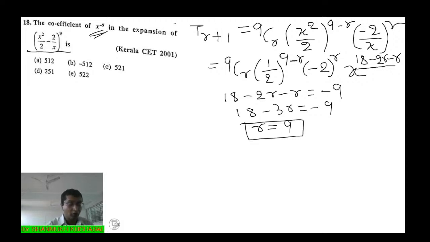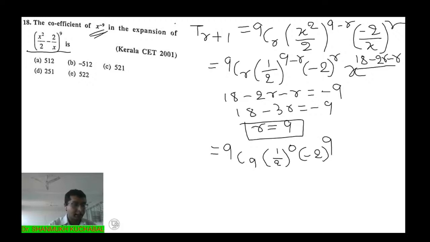Then we have to find the coefficient of x raised to minus 9. Now we substitute the r value in the general formula. We get 9C9, 1 by 2 raised to 0, and minus 2 raised to 9. You all know 9C9 is 1, 1 by 2 raised to 0 is 1, and minus 2 raised to 9 is minus 512.